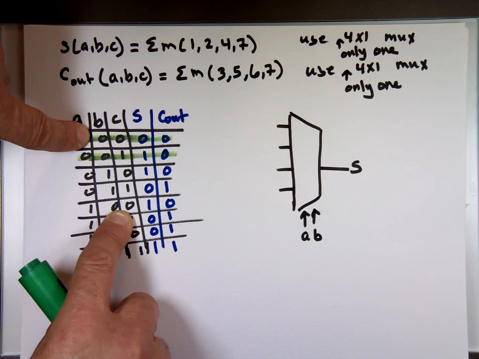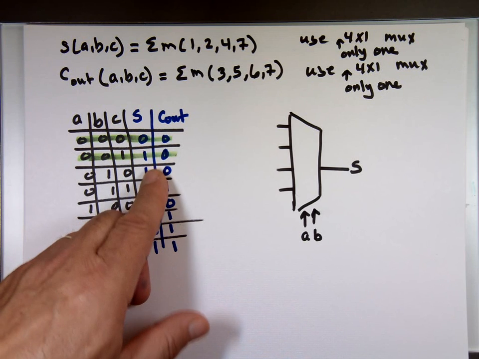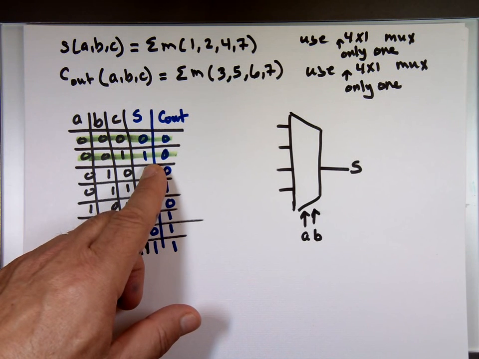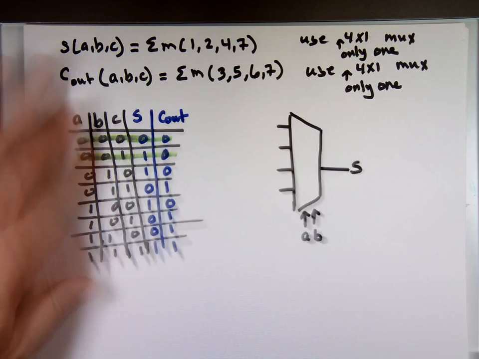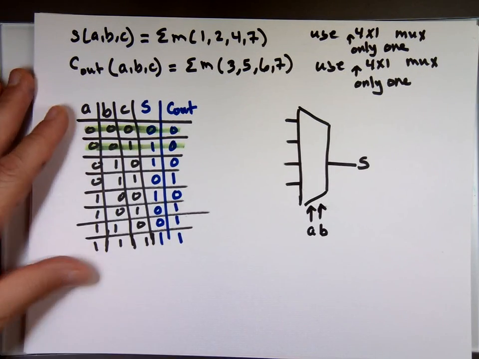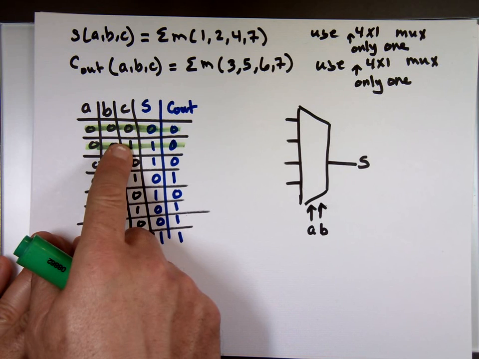So what I need to do is look right here at S. Let's look at S compared to C. What do you notice about S and C in the first two rows? When C is 0, S is 0. When C is 1, S is 1.